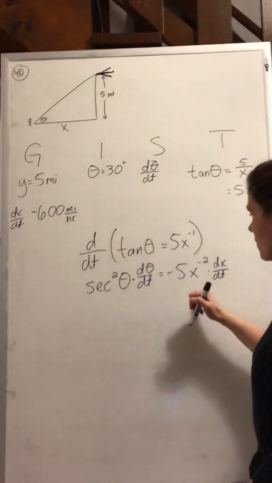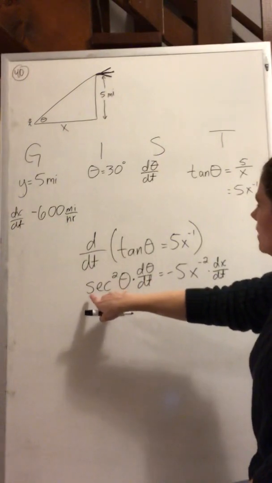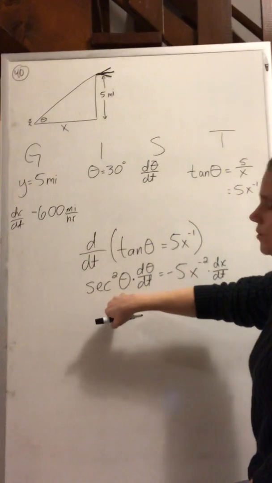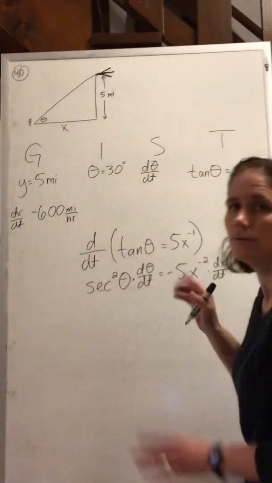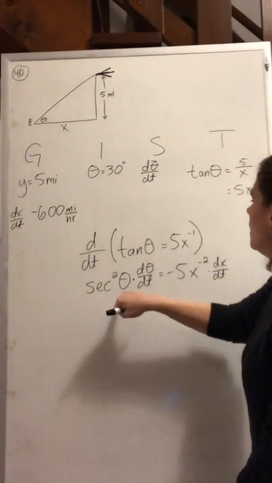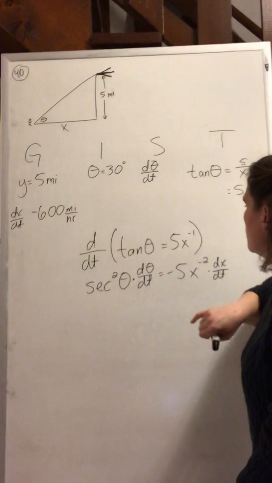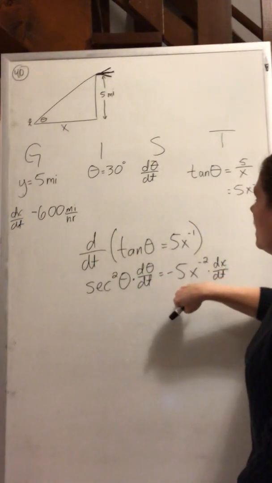Now, we know that theta is 30 degrees here, so make sure that your calculator's in degree mode if you're going to use it that way, or you could always switch to radians if you want. We can plug in theta. We're solving for d theta dt. We have a dx over dt, but do we have an x?